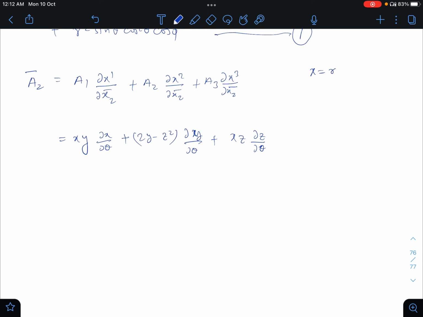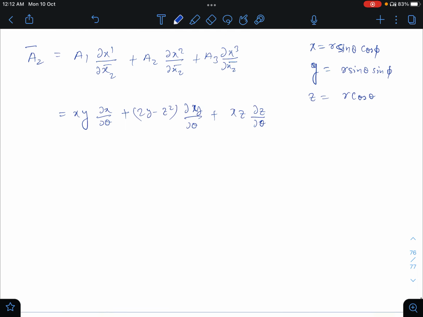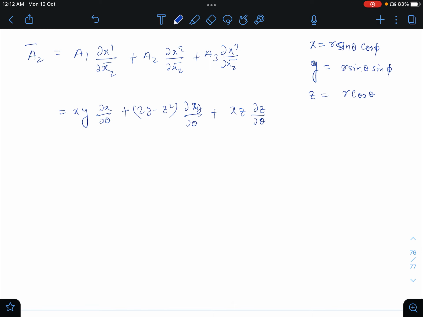X is equal to r sine theta cos phi, y is equal to r sine theta sine phi, and z is equal to r cos theta. So let us put these values in the formula of a2 bar.